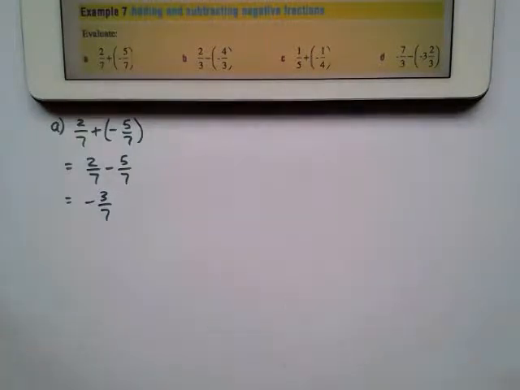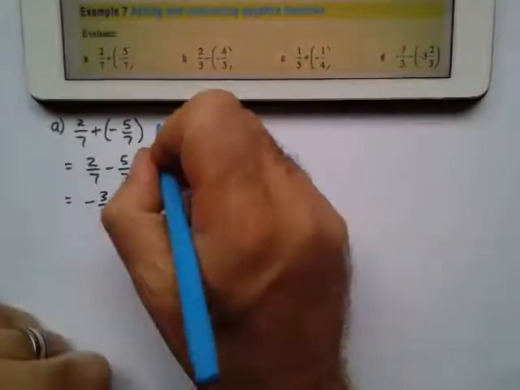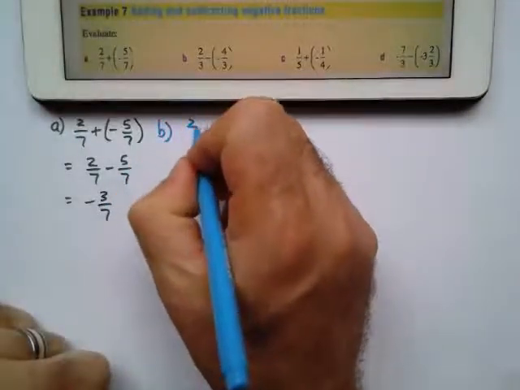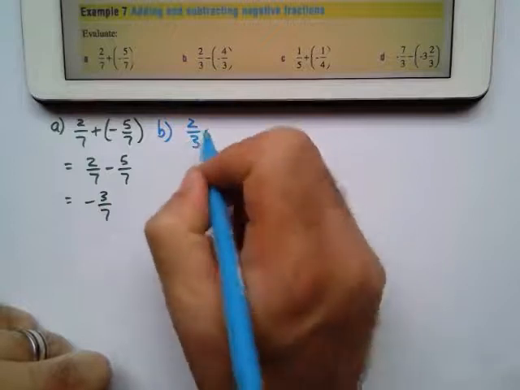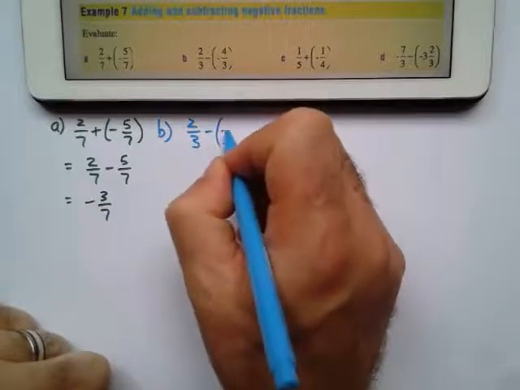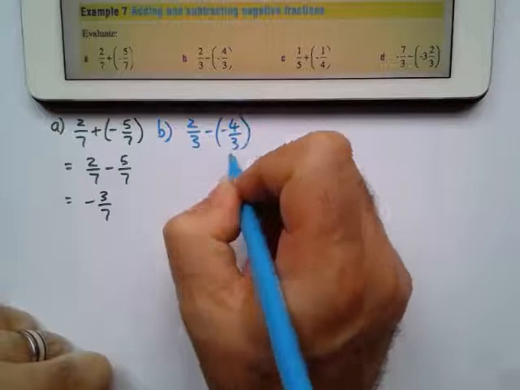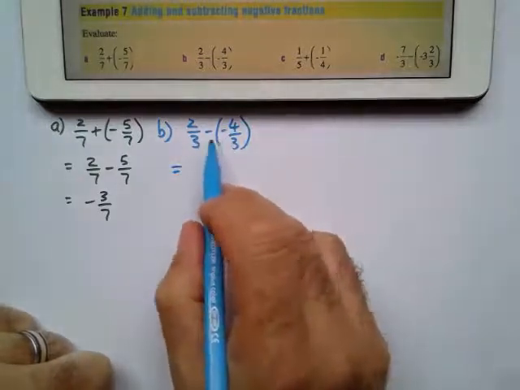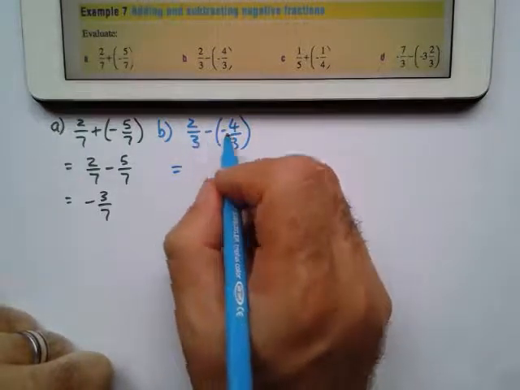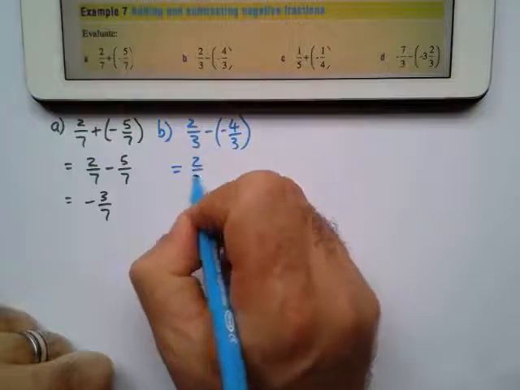Look at B. B says 2 over 3, take away negative 4 over 3. I don't like the two signs next to each other, so it's like multiplication.